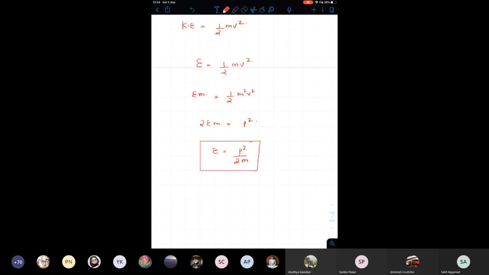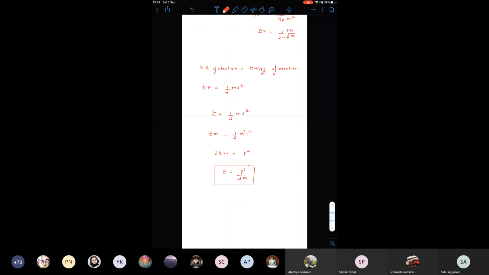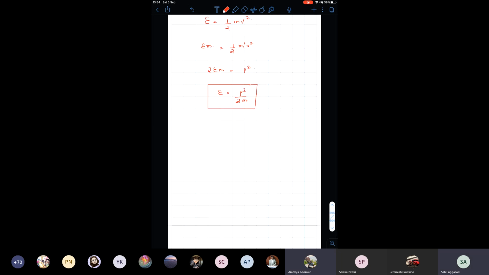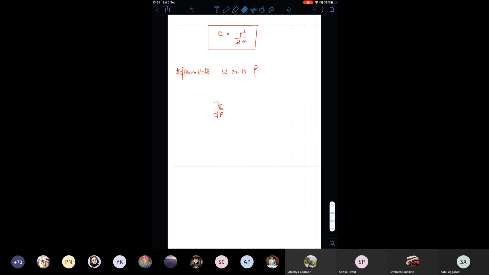So can you please scroll up? Done. If we differentiate this with respect to p, it will become dE by dp is equal to 2p by 2m.